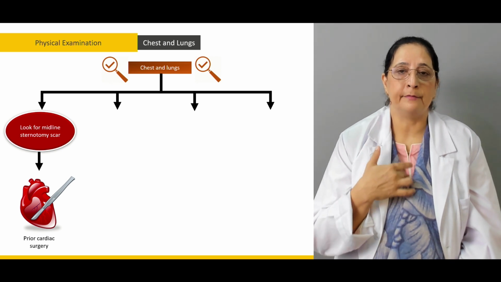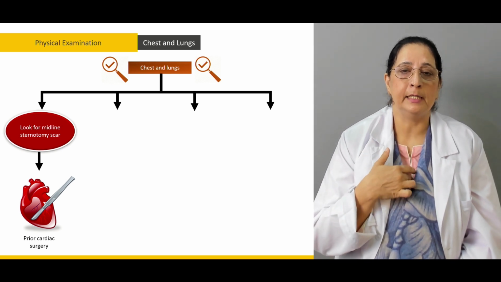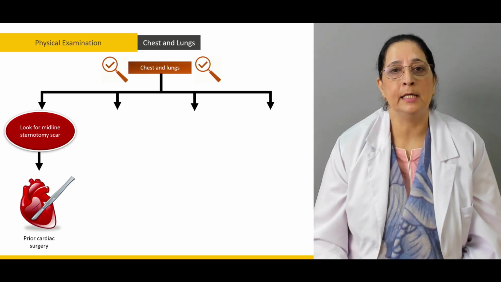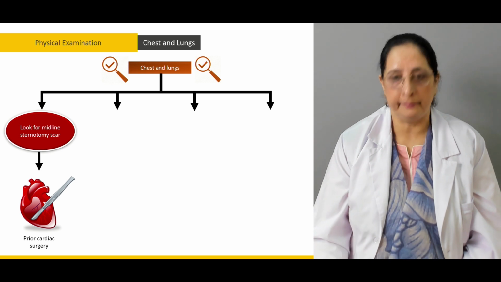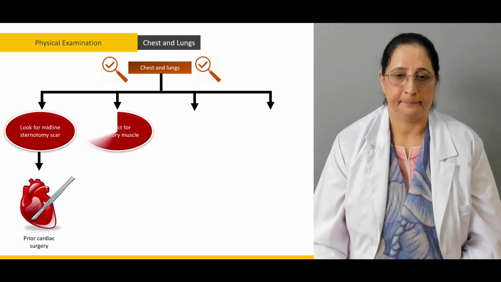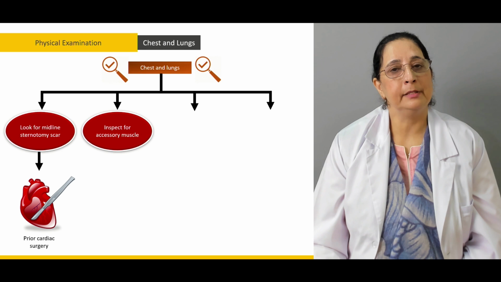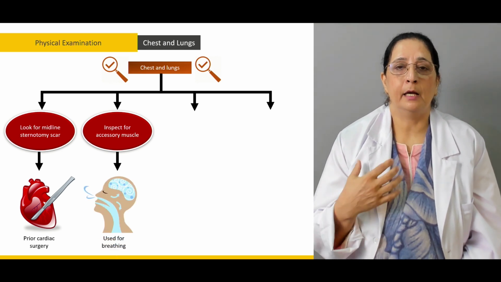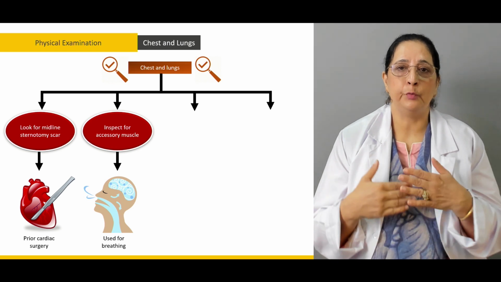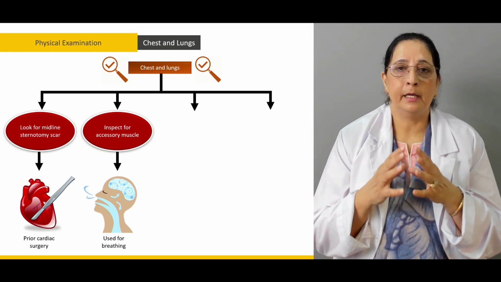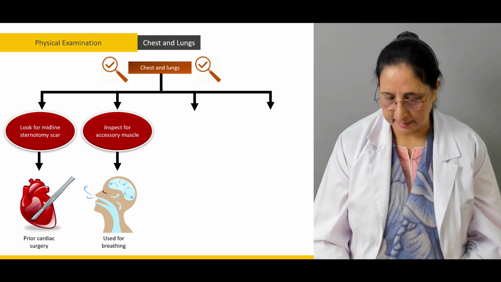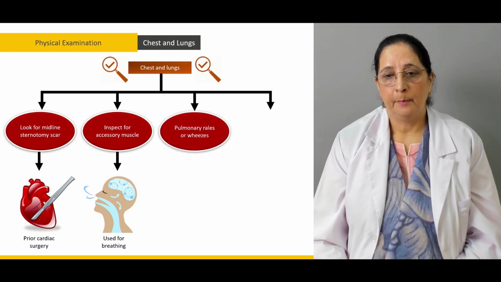So if we have sternotomy, opening in the sternum, which is the breastbone, that gives us the idea that there was previous surgery performed. Inspect for the accessory muscles. Accessory muscles are used, muscles between the ribs. They are used for the breathing. So look for the accessory muscles.